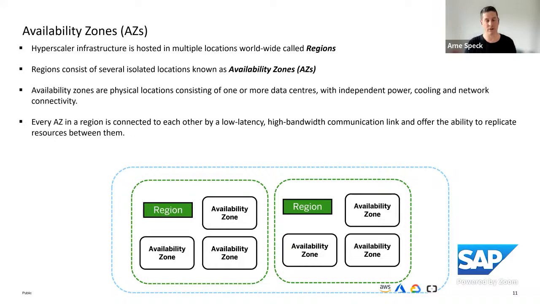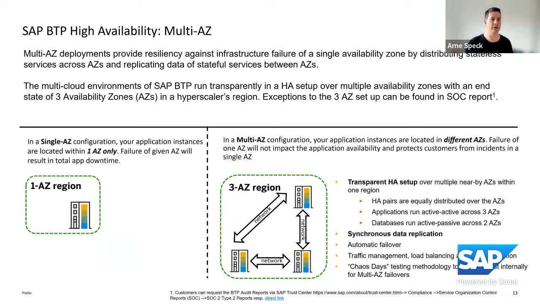So what we are doing for our services when we talk about high availability is we also leverage this concept of multi-AZ, multi-availability zone configuration for our services to achieve better availability, meaning that if one of those locations or availability zones for some reason is not available, we're using the failover capabilities of the hyperscalers to still have the service in a working mode.